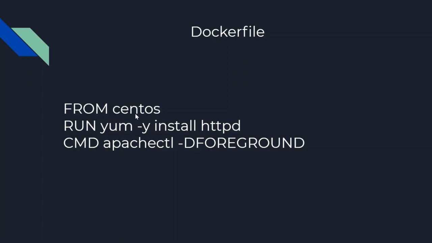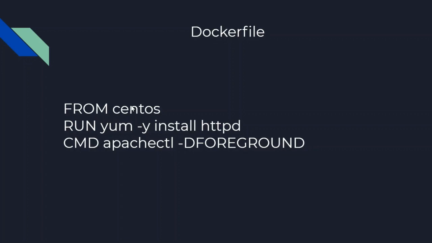So here we have the operating system as a base, then we have the libraries that the application needs, and here normally the CMD means the command that will be triggered once the container gets created. In this case, we're basically just starting the Apache service in the foreground using this line.